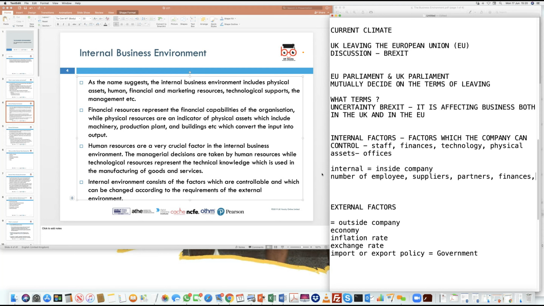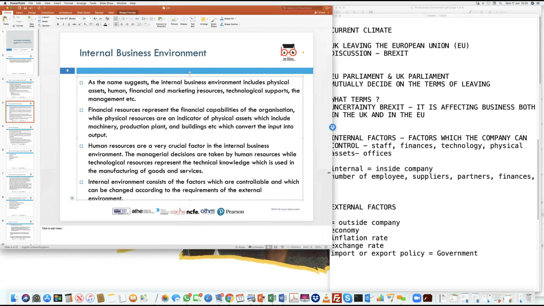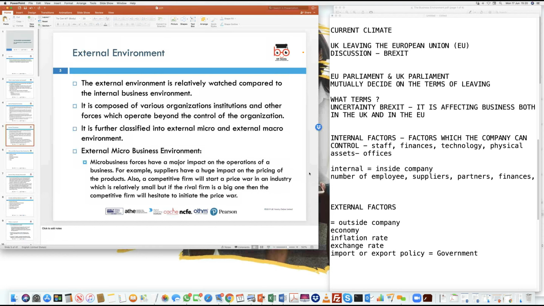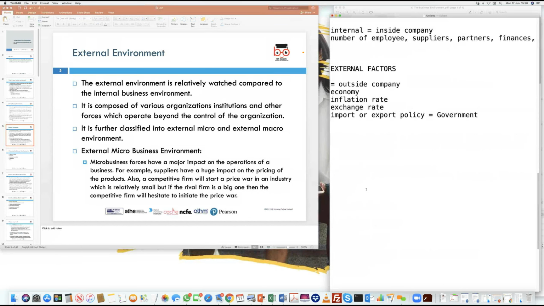So we need to understand business environment consists of two things: internal factors and external factors. Internal factors inside the company, external factors outside the company. Okay? Now when we look at external factors, there are two types. First is micro business factors.